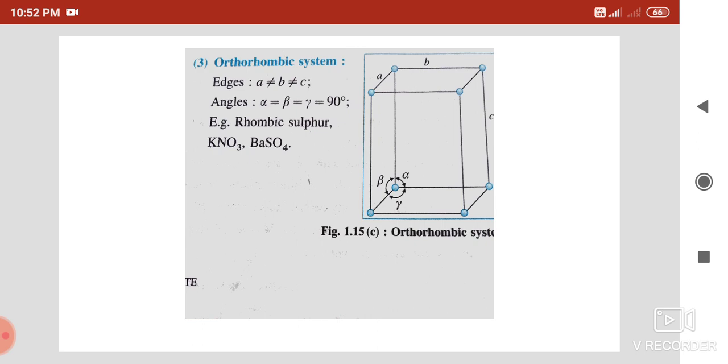The angles alpha, beta, gamma are each 90 degrees. Such orthorhombic systems are shown by compounds like KNO3, BaSO4, rhombic sulfur, etc.